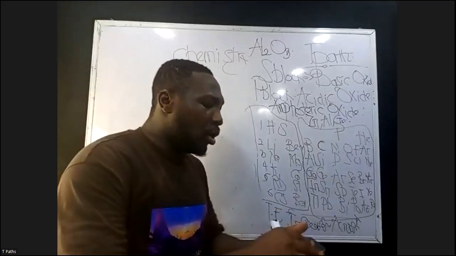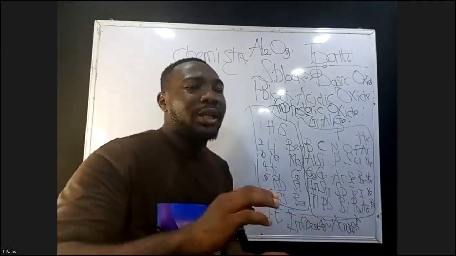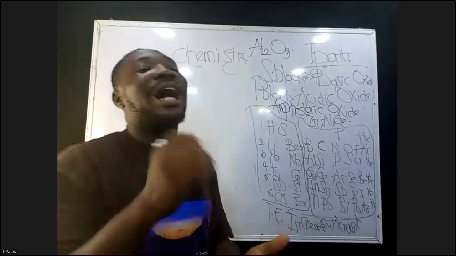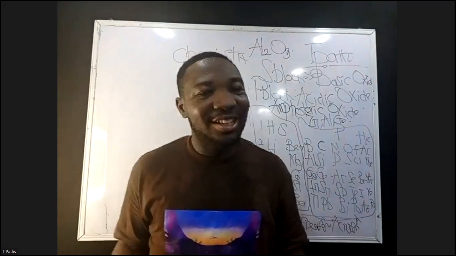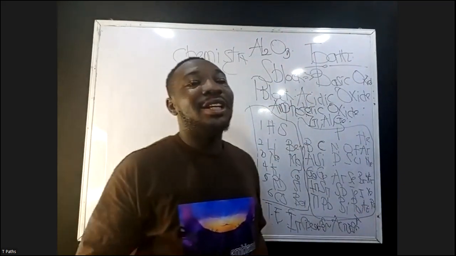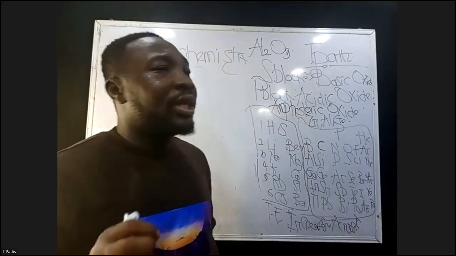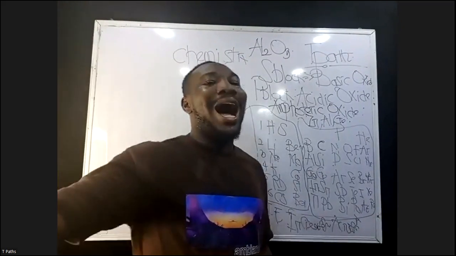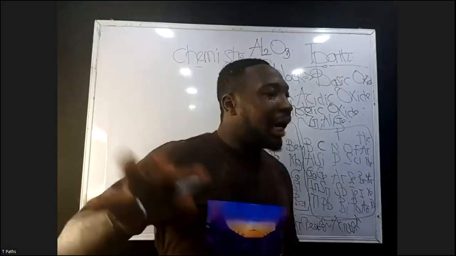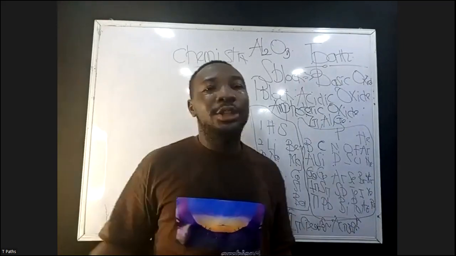J.J. Thomson told us about the presence of an electron, and he also discovered the charge to mass ratio of an electron. He did that for us.